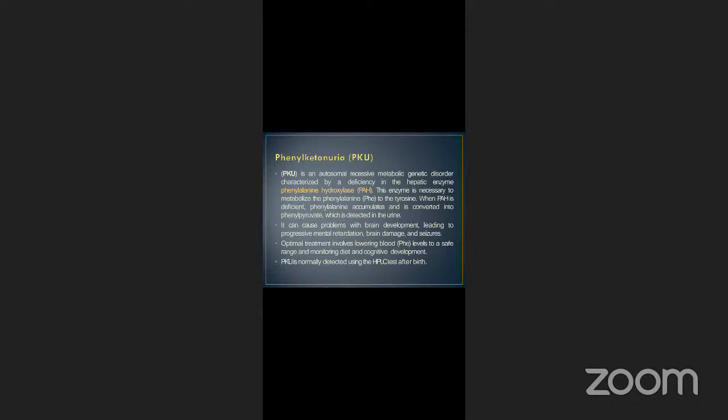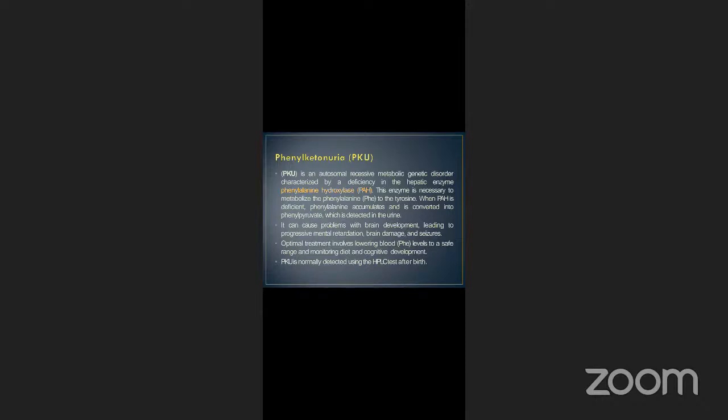If the child is having this kind of error, they will express the phenotype after 1 or 2 years. But if we know as early as possible, we can include them in the diet and take proper precautions. Suppose one child is having phenylketonuria, and we don't know.